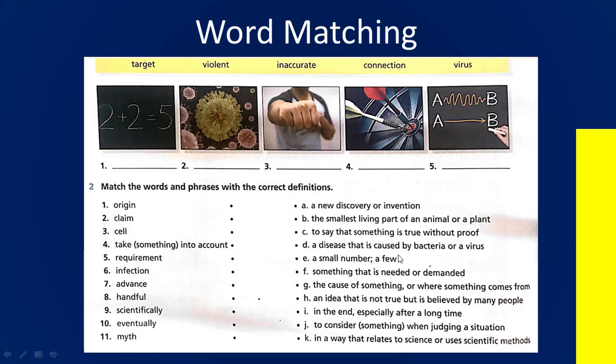So number 2, you see the types of disease, okay, that they use the microscope to check or to see how small the pieces of this disease are. So what is it, everyone?